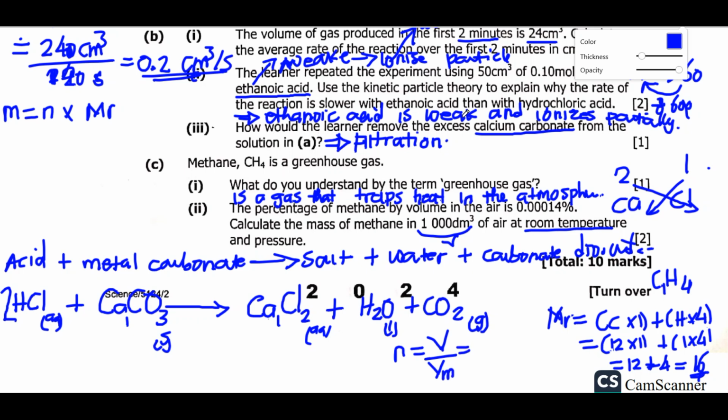Volume is 1000 decimeter cubed, and we are not going to change it since it's already in decimeter cubed, divided by 24. As long as it's RTP, you divide by 24. So 1000 divided by 24, I'm getting 41.666, which we just say 41.7.